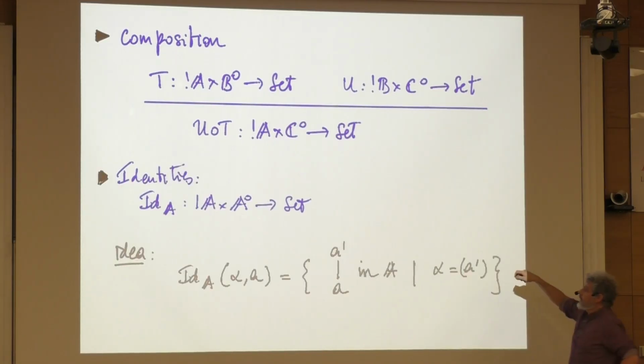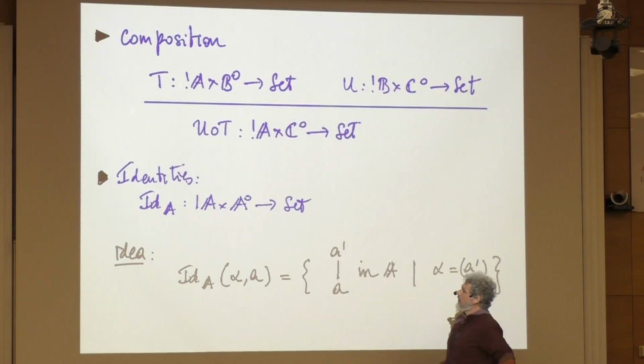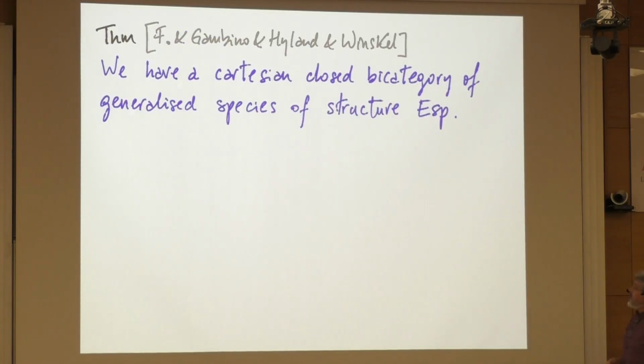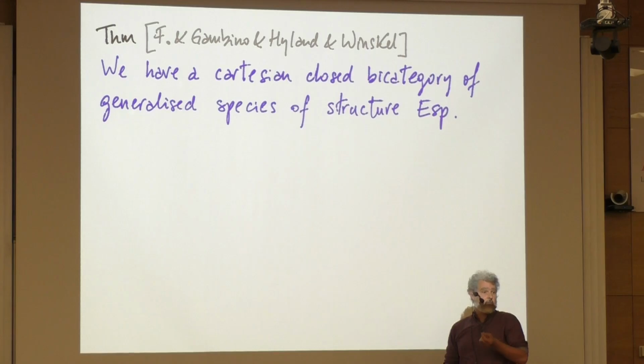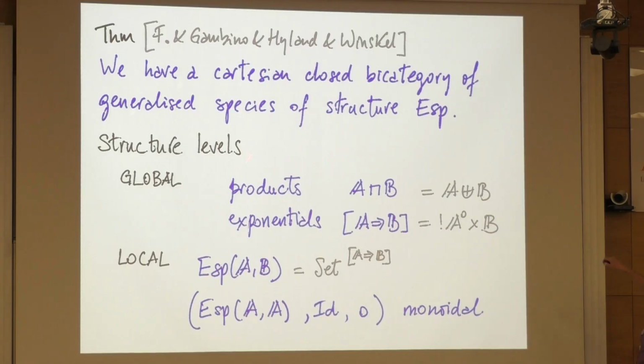We have identities, so identities are just wires in your category, and this forms a bicategory. In fact, it's not any bicategory, it's a Cartesian closed bicategory. And the Cartesian closure is crucial for the construction I'm going to do in a minute. So to explain in which sense it is Cartesian closed, I'm going to describe the product structure.